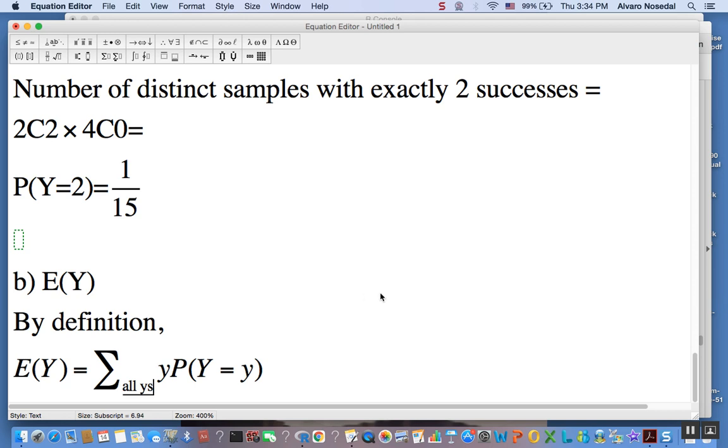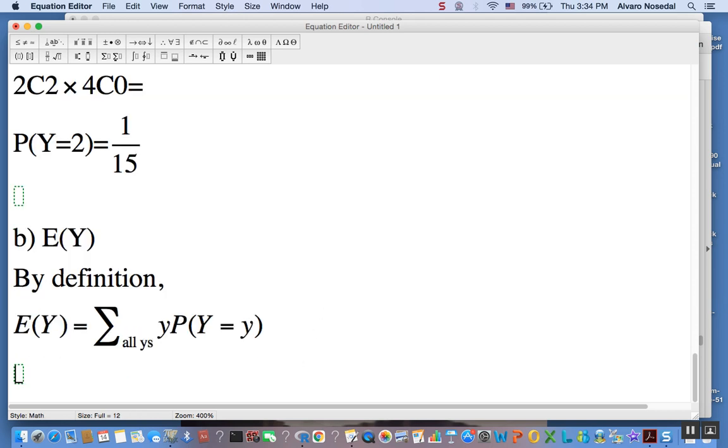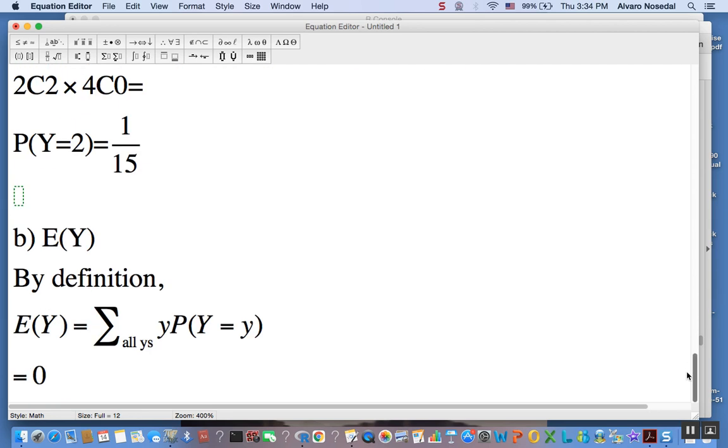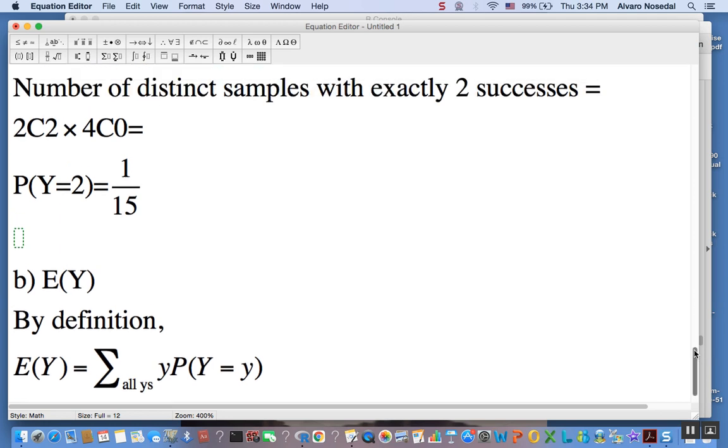Okay, so in our case we could have 0 women with probability 6/15. We could have 1 with probability 8/15, right?